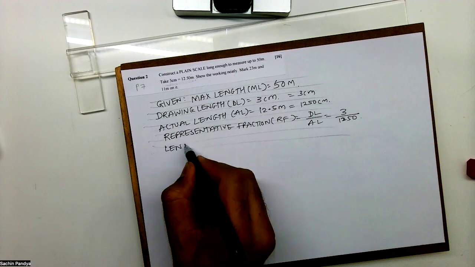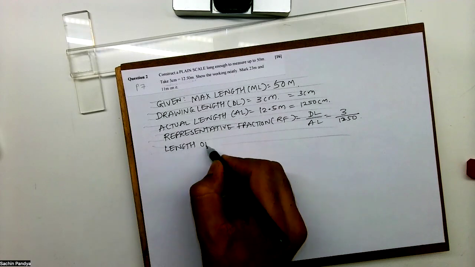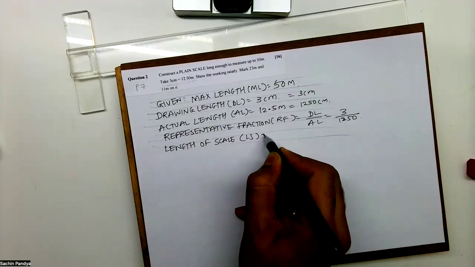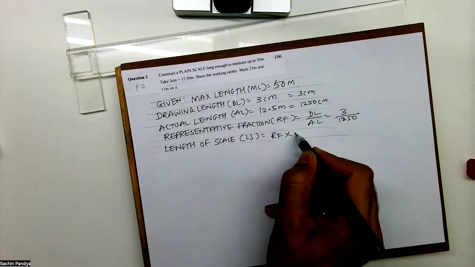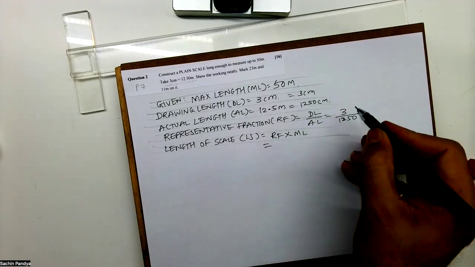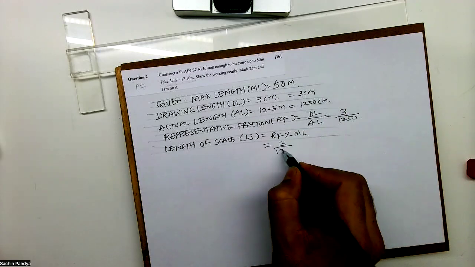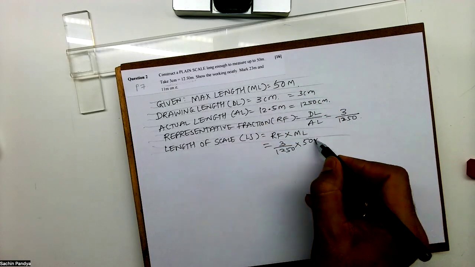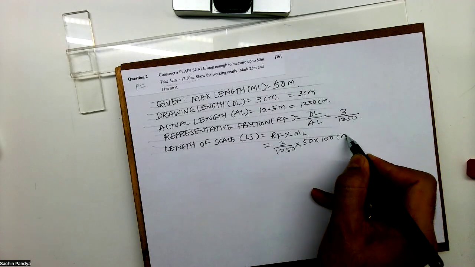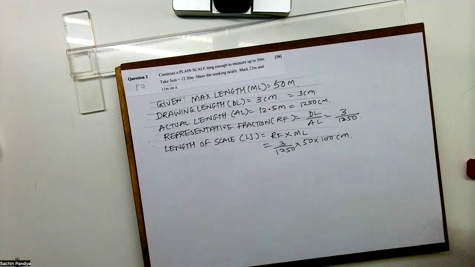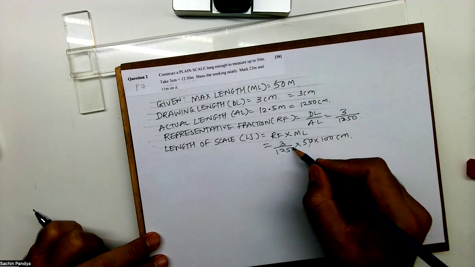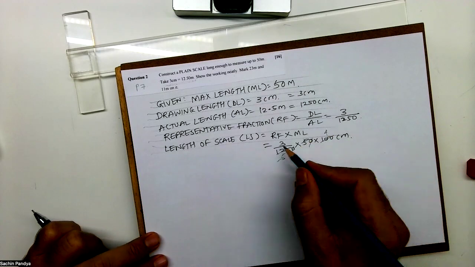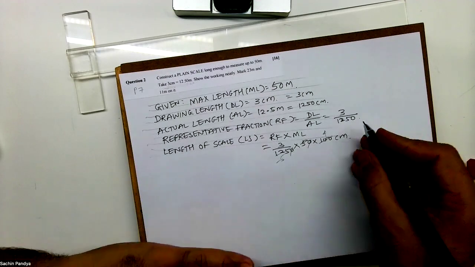Length of scale, LS is equal to what? RF into ML. What is RF? 3 upon 1250. What is the maximum length? 50 meter. 50 into 100 will give me centimeter. Now I can do this. 5, 5, 5 will get cancelled. So again I'll get 12 centimeter.